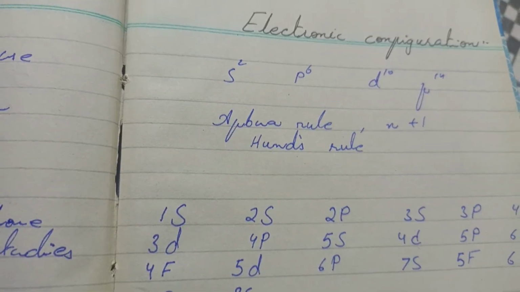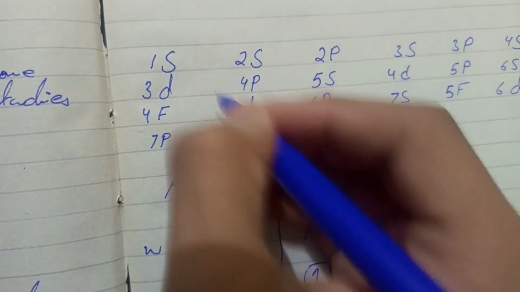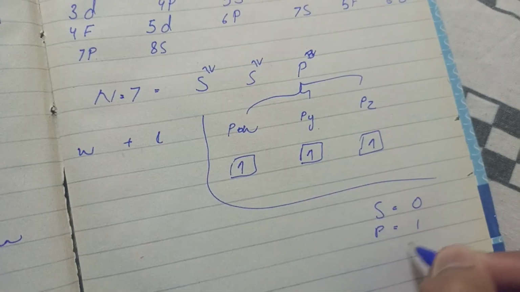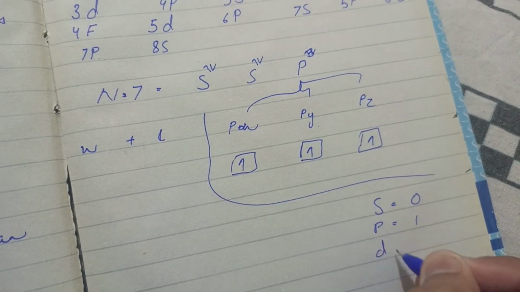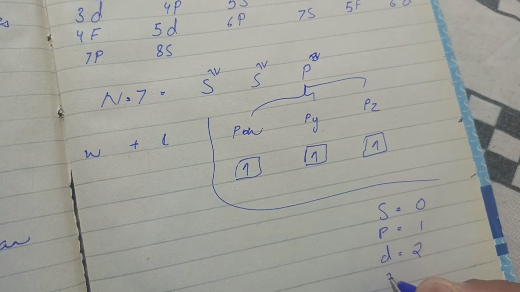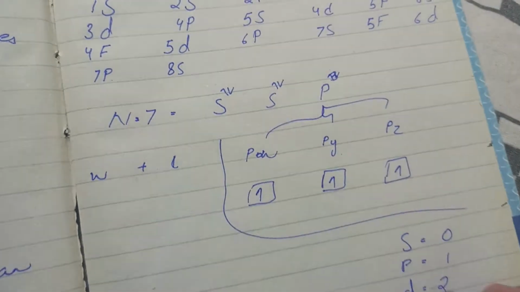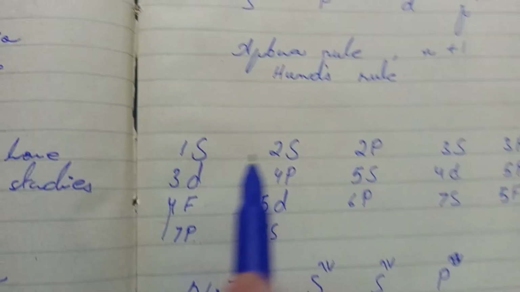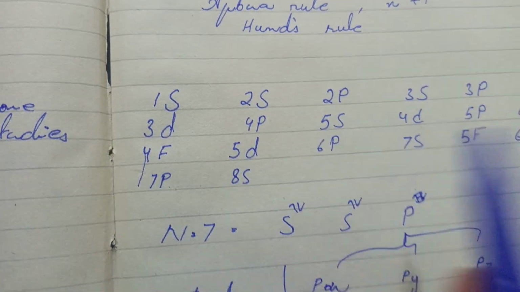Here l is the number of the suborbital: s is equal to 0, p is equal to 1, d is equal to 2, and f is equal to 3. And n is the shell number.